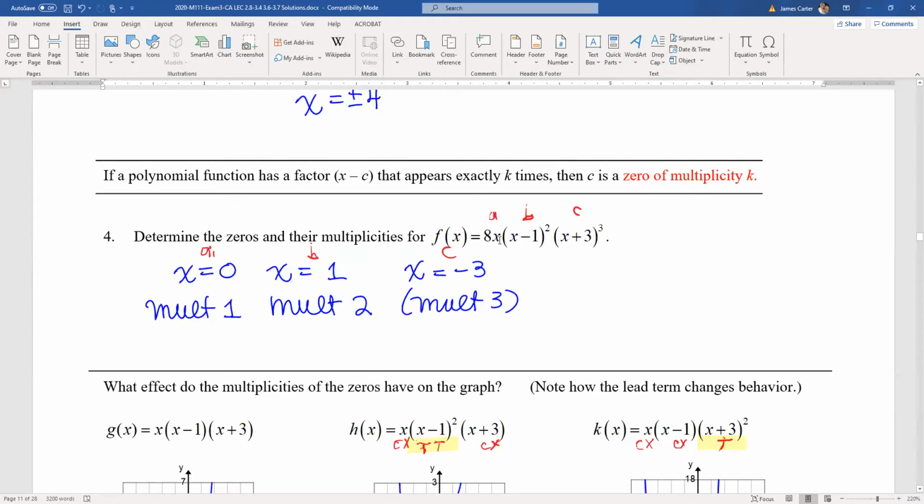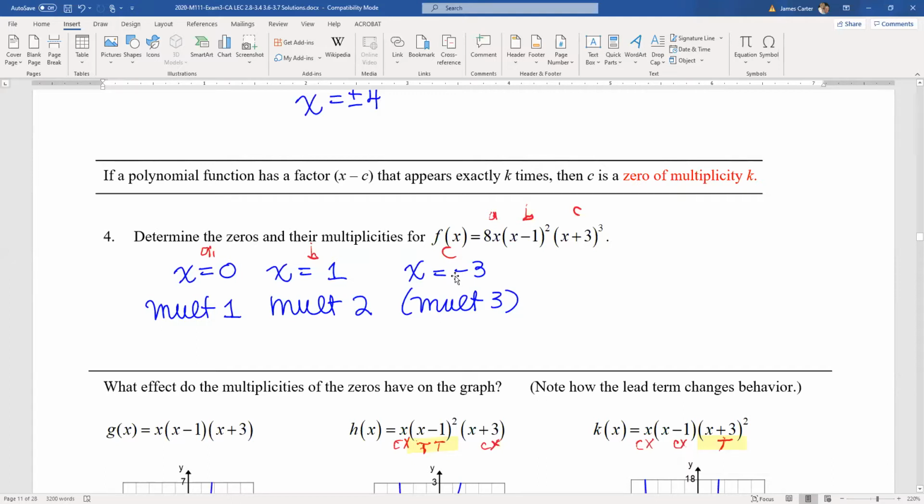Now, this one is going to produce a root of x equals 0 when you use the zero properties rule. This one will produce x equals positive 1. This one's going to produce x equals negative 3.